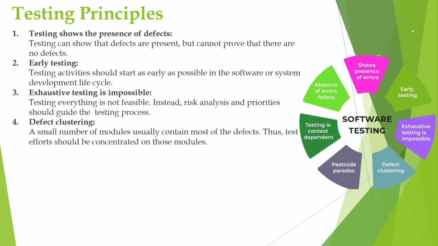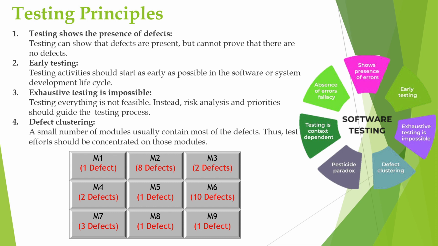Now let us see an example here in order to understand the defect clustering. Let us assume that we have a software here and it consists of 9 modules. In the first module, we get 1 defect when we test it. In the second module, we get 8 defects while we do the testing.